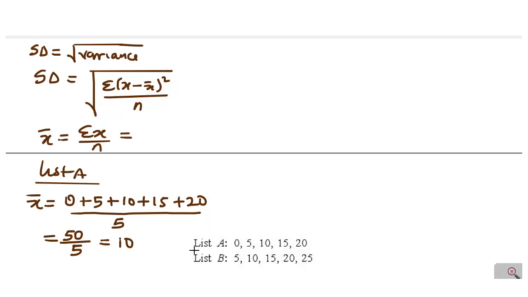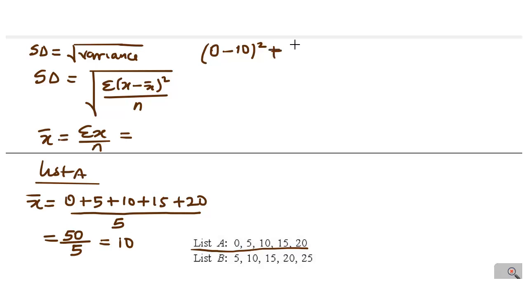So how many items do we have in list A? We start with x minus x bar, then you square it. The first item is 0 minus the mean, that is 50 divided by 5, which is 10. So that's (0 minus 10) squared, plus, the purpose of this plus is that it's talking about summation.